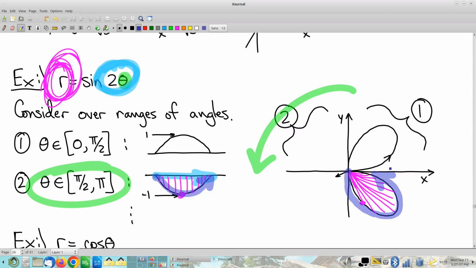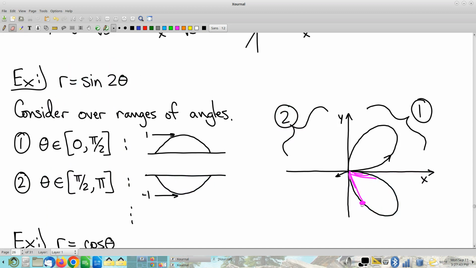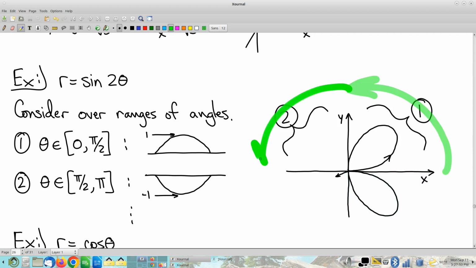Okay. All right, now what I'm going to leave for y'all to think through is, in some sense, the rest of it. So we did the first 2 ranges of values. We talked about 0 to pi over 2, pi over 2 to pi.